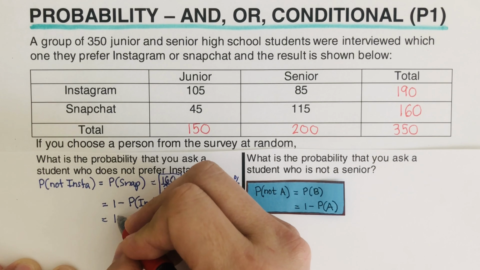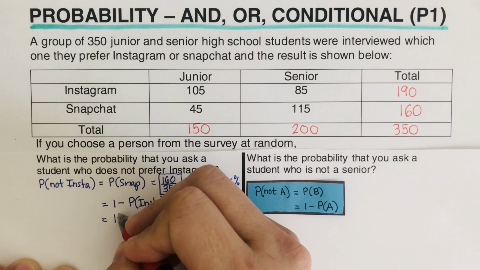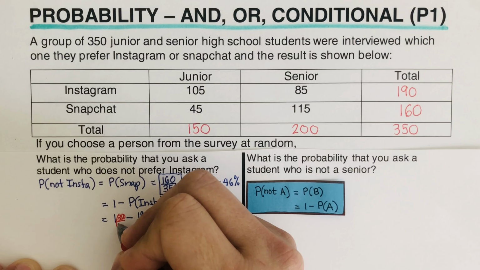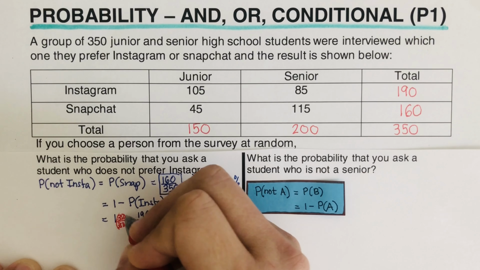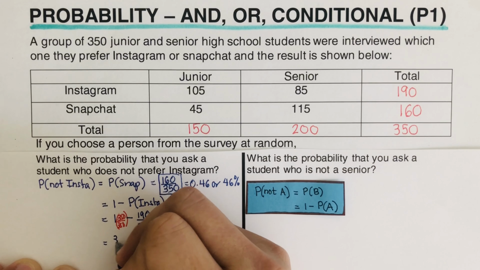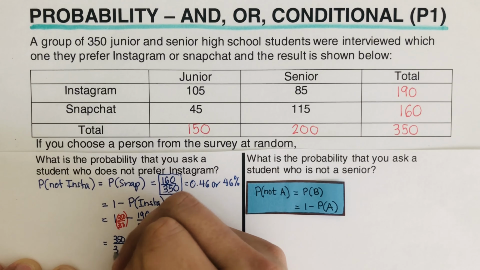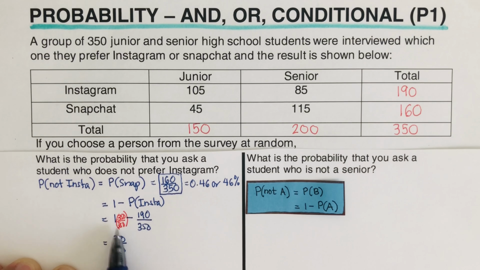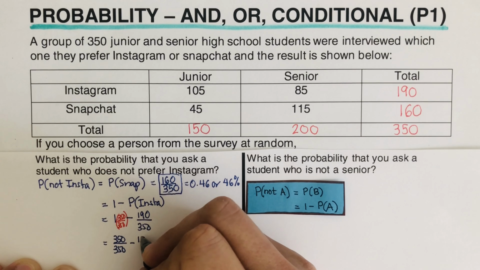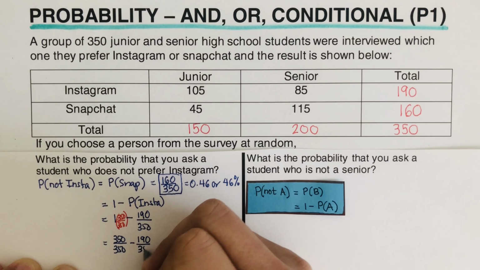To make them have the same denominator, I'm going to multiply 350 on both top and bottom for 1. So that's 350 over 350, which is actually equal to 1, but we're just trying to make the denominator the same, minus 190 over 350.